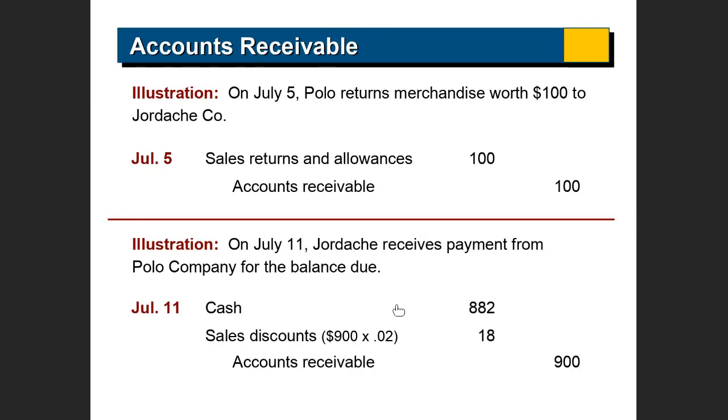Contra revenue, opposite of revenue, then the normal balance is going to be debit. Of course it matters. Normal balance means what? When it increases, you go towards the normal balance. When it decreases, you go towards the opposite of the normal balance.